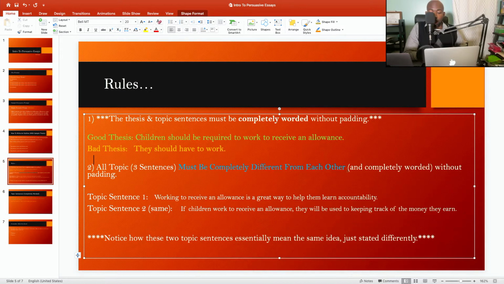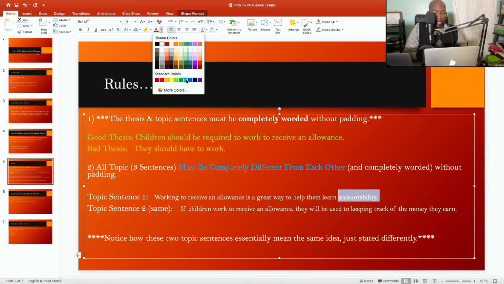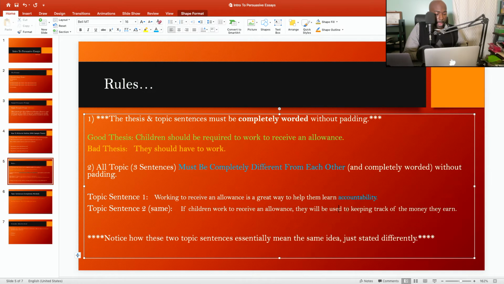But in actuality, they both refer to the same thing. Even though they use different words, they both refer to the same idea. Keeping accountability, and keeping track, essentially mean the same thing.